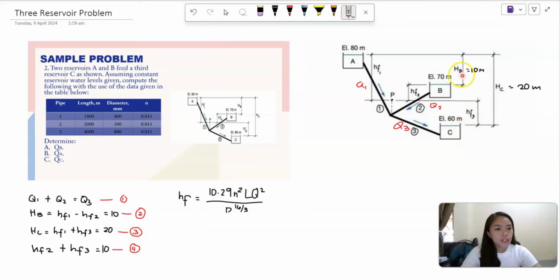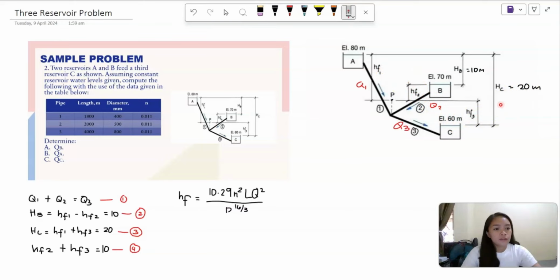So HB here and HC, we can get the head of reservoir B by subtracting the elevations. So we have here 80 minus 70. This is the head of reservoir B, which is 10 meters. For the head of reservoir C, 80 minus 60, then we can get 20 meters.